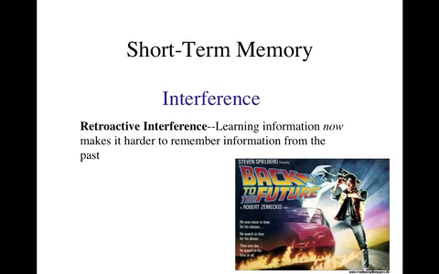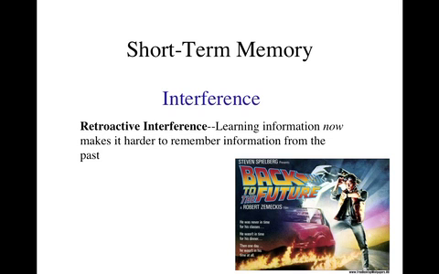We discussed two types of interference. Retroactive interference is information now reaching back and interfering with information from before. Like when something is retro, it refers to reaching back to the past. So studying for, say, this exam may interfere with some studying that you did earlier in the day for a different exam.